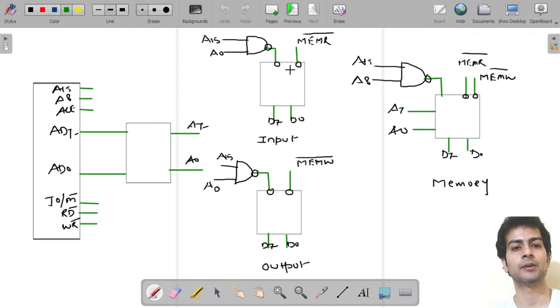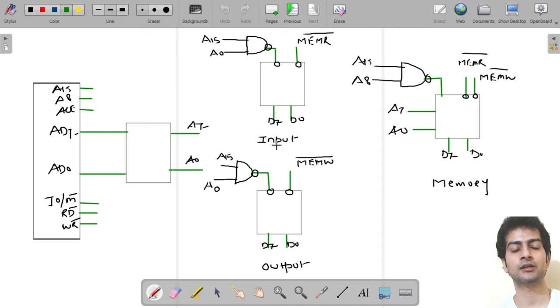I will fool the microprocessor using the LDA operation that this is a memory device, but it is actually an input device. Similarly, using the STA instruction I will fool the microprocessor that this is a memory device, but it is actually an output device, where we are using memory write control signals and 16-bit addresses.